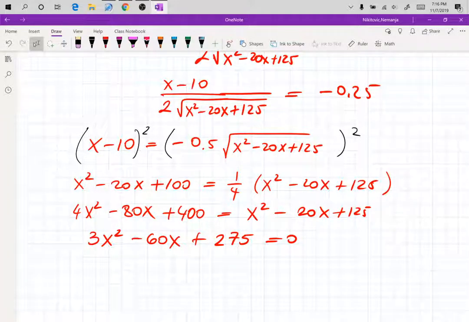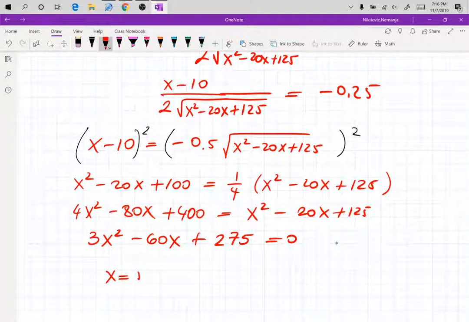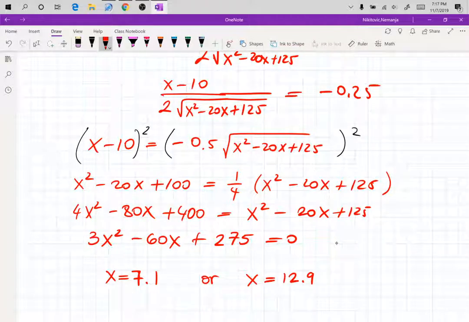Approximate forms. And now we have x equals 7.11, so 7.1, or x equals 12.9 miles.